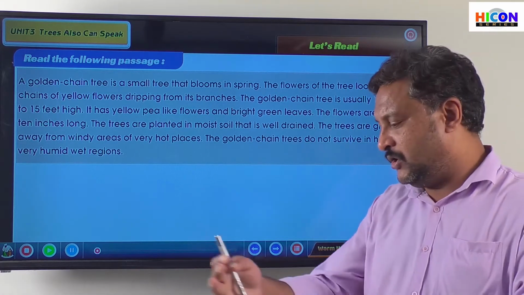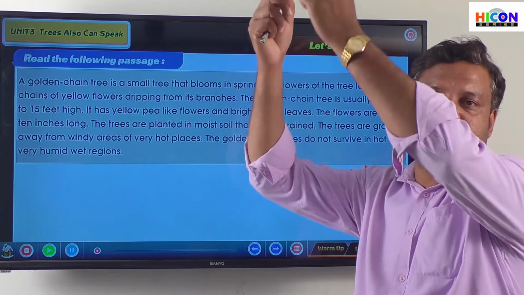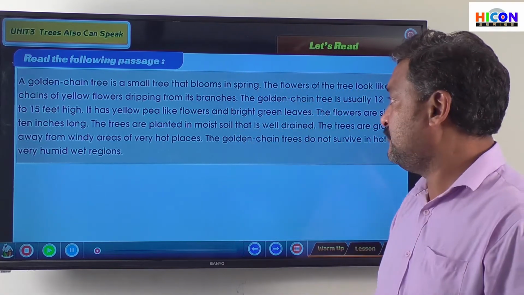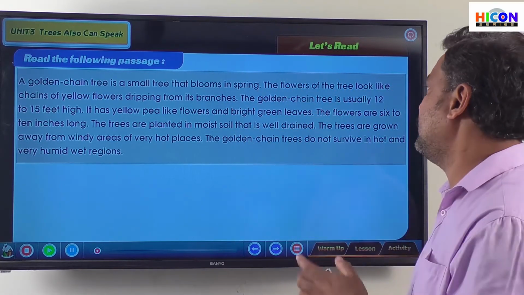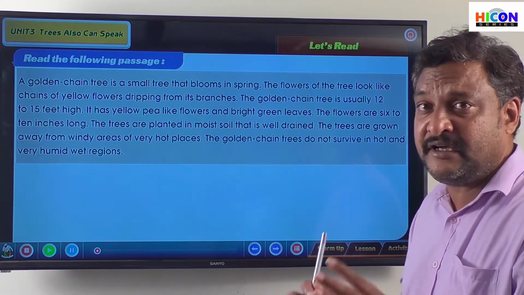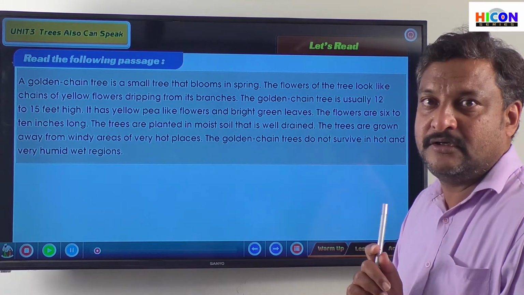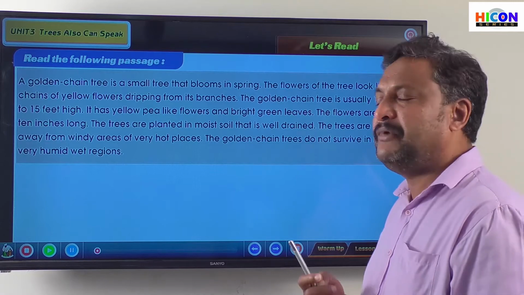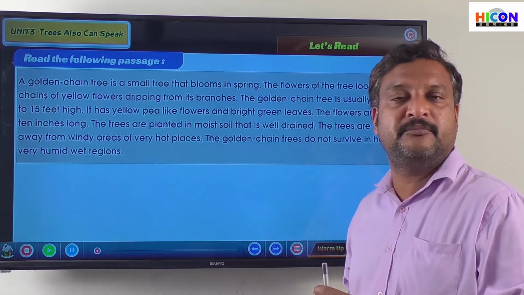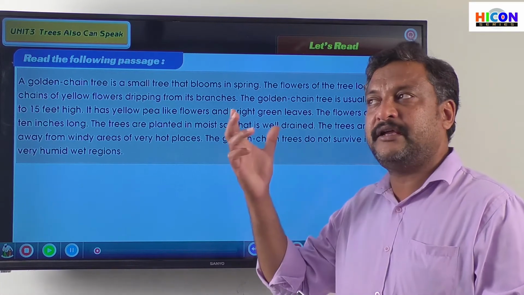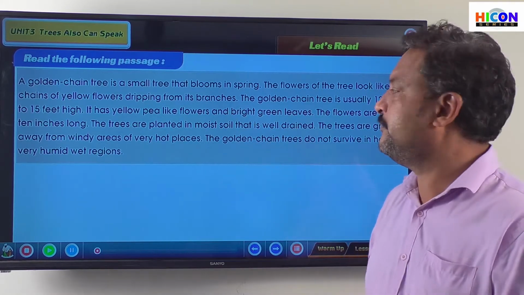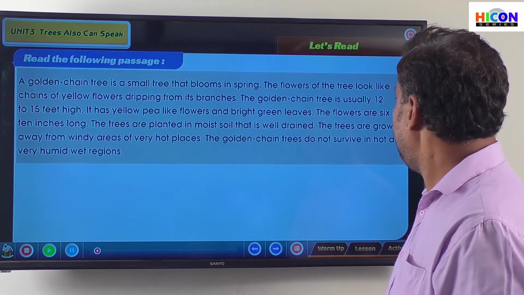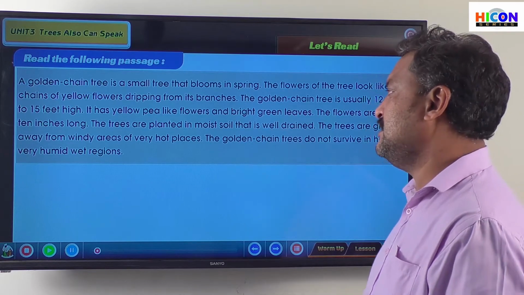Okay, so long flowers will be dripping from the branches, and the flowers are bright yellow in color, and the leaves are bright green in color. So the tree is amazing because it has a very beautiful combination of a bright green and a bright yellow, right? So the flowers are 6 to 10 inches long.